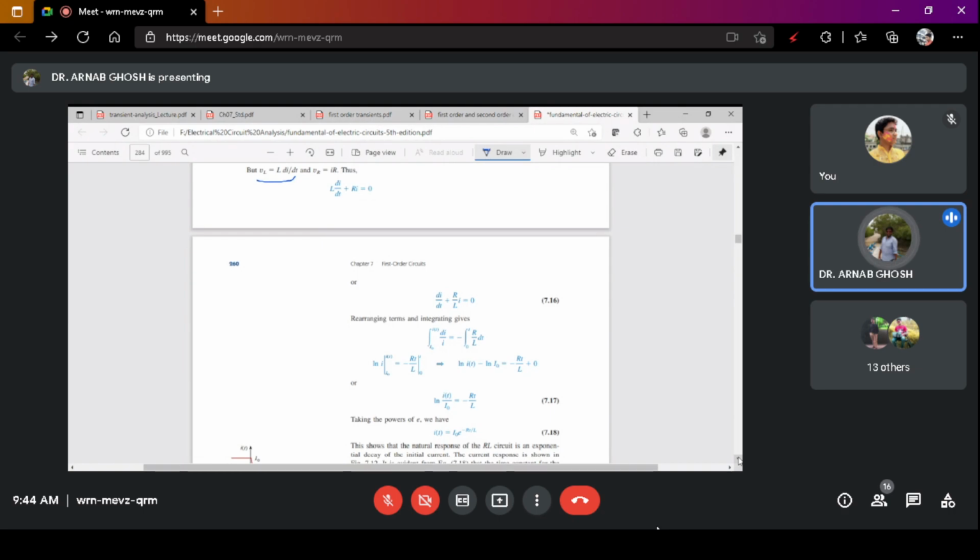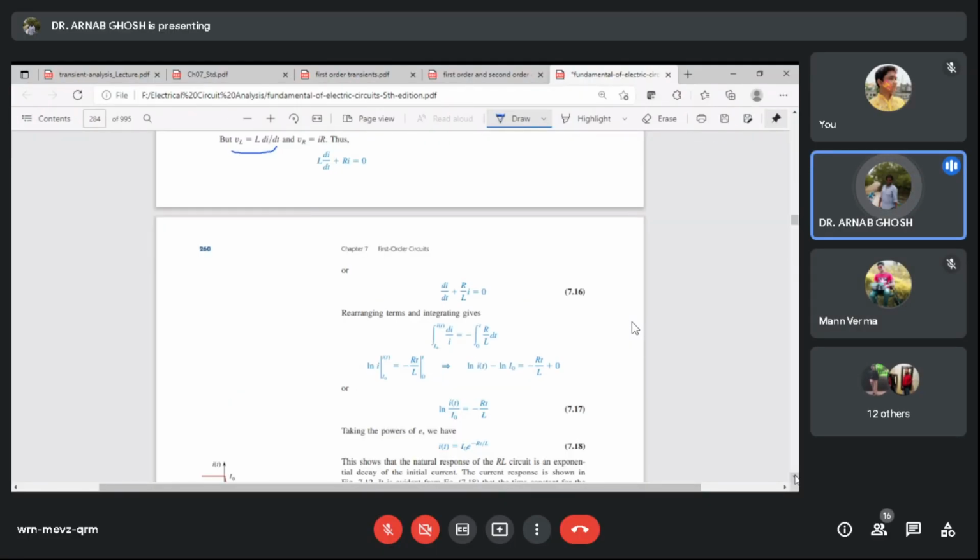So integration from I0 to I(t) of di by I will be equal to minus R by L integration from 0 to t of dt, right? So if you are writing this, that is ln I from I0 to I(t) is equal to minus R by L times t from 0 to t.